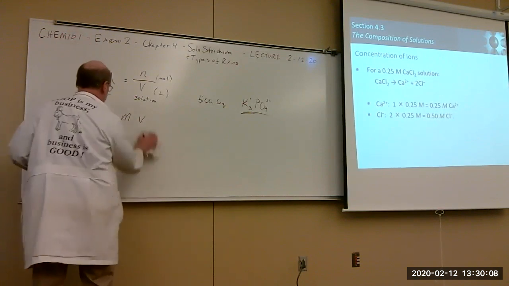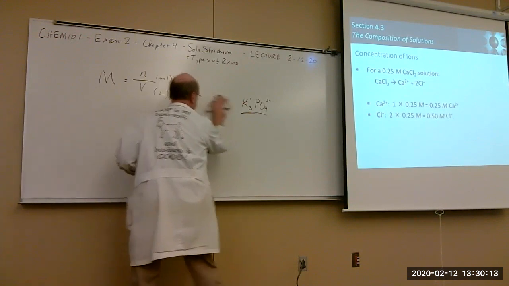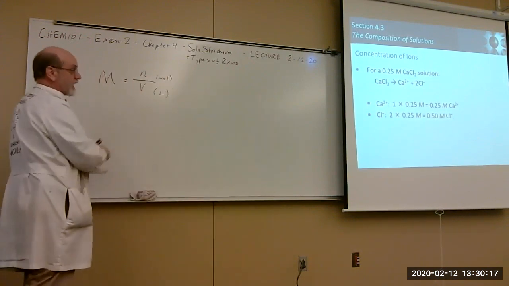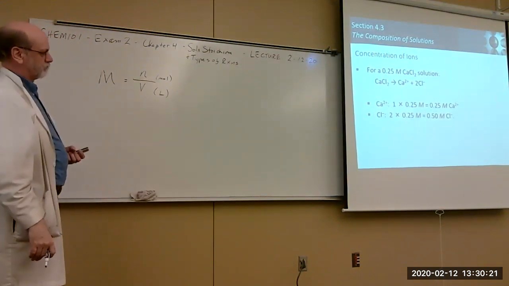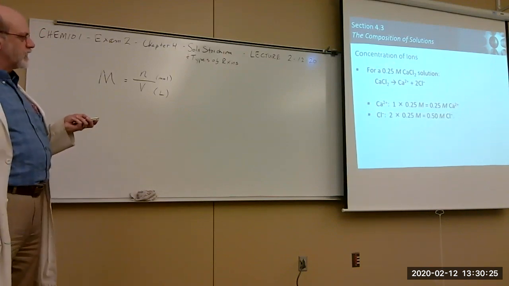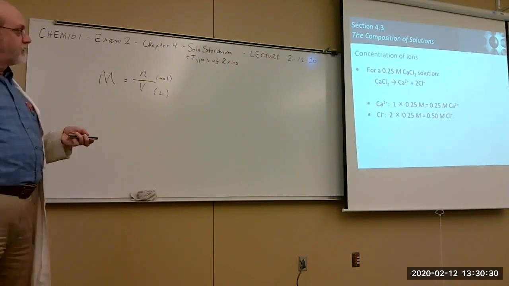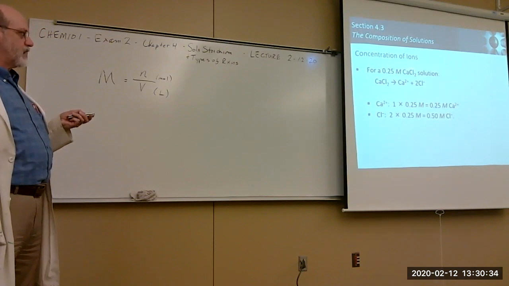Okay. It's algebra. Right. So if we have a solution that dissociates in water, like the K3PO4, we'll use this one since it's on the slide. If we have calculated 0.25 molar calcium chloride, we want to know what's the concentration of calcium ions.